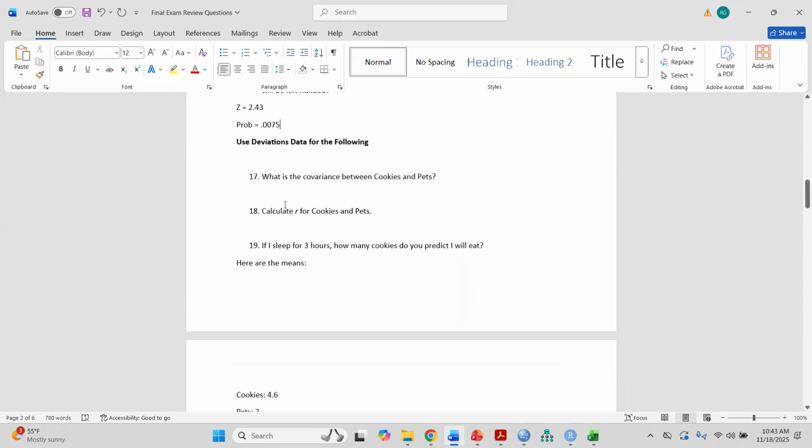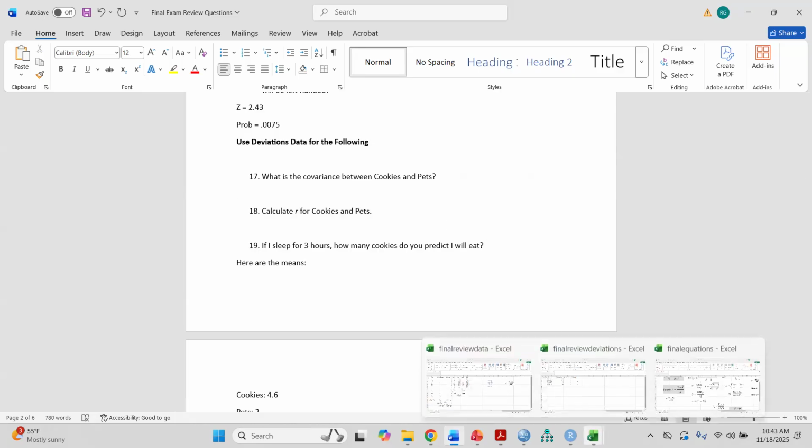All right. What is the covariance between, okay, we've got new data. What is the covariance between cookies and pets? Then it's going to ask us for the R, that's the correlation coefficient. So we're looking for covariance and correlation coefficient. All right, let's go look at that data.